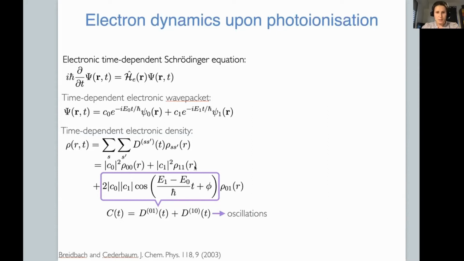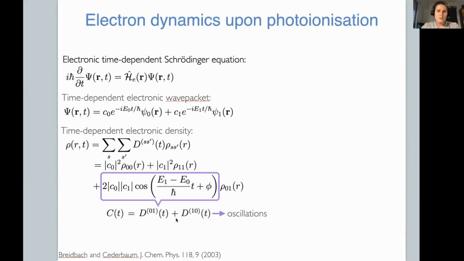These are time-independent, while the cross terms in front of the electronic transition density are time-dependent. We have cosine oscillations with a period inversely proportional to the energy gap between the populated eigenstates, and the amplitude of these oscillations is proportional to the product of the populations of the two eigenstates. And you can also express these oscillating terms as a sum of the off-diagonal elements of the density matrix, which are called the electronic coherences.